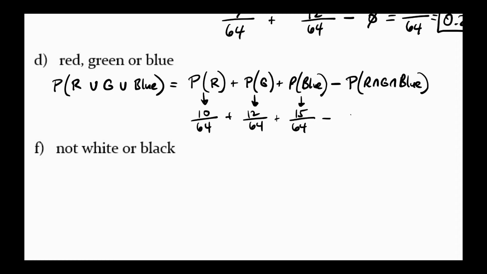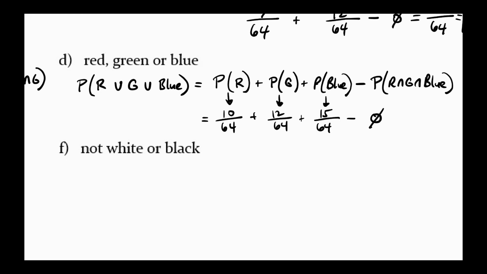And then there's no chance of overlap on this one because there's no chance of me getting a red, green, and blue marble. So what is that? 37 out of 64. Which is 0.578.